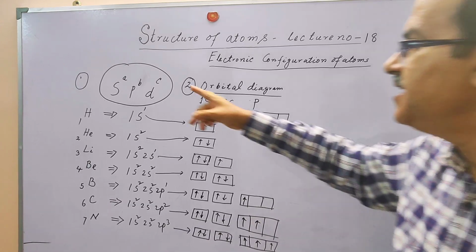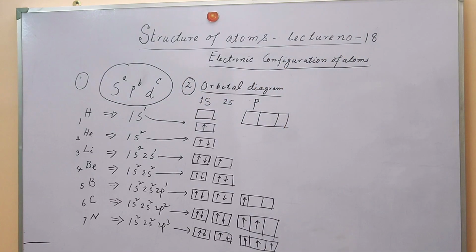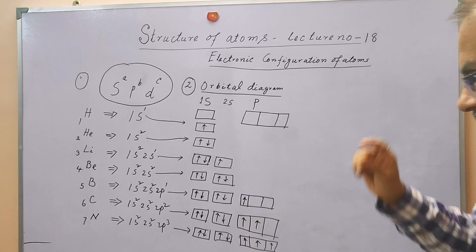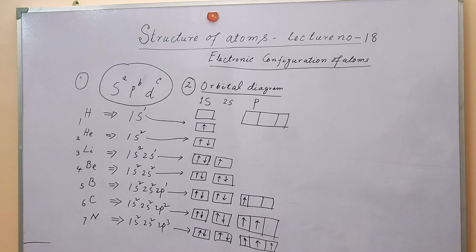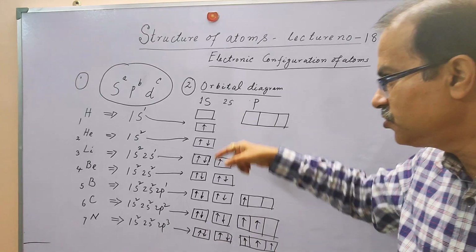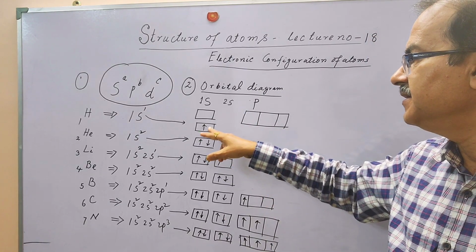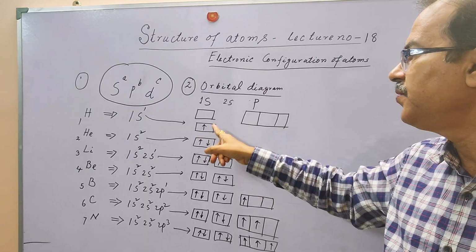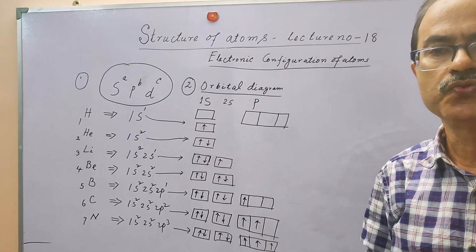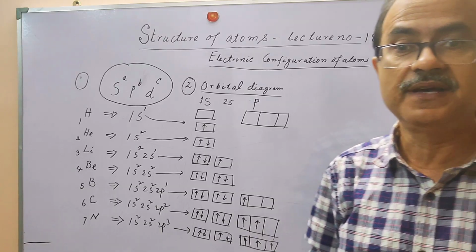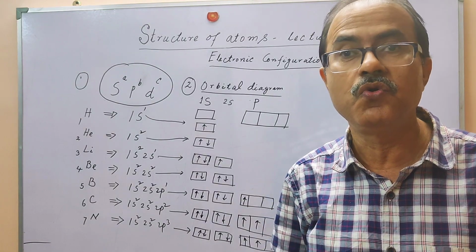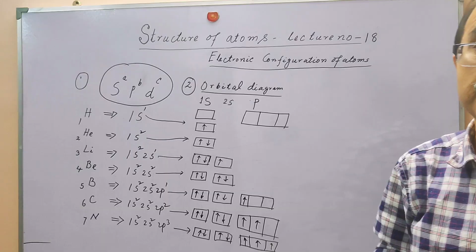In the first way, that is SPD notations, there is subshell notation. Then the second way is the orbital diagram. In the orbital diagram, the electron is put in an orbital, which is represented by a square, and the electron is shown as an arrow, an upward arrow, and here a downward arrow, because of Pauli's exclusion principle, that no 2 electrons will have the same 4 quantum numbers.